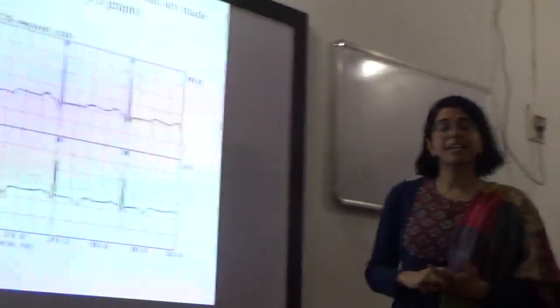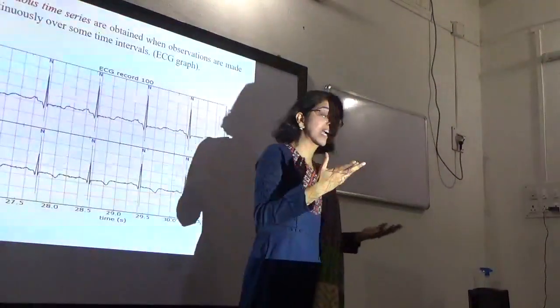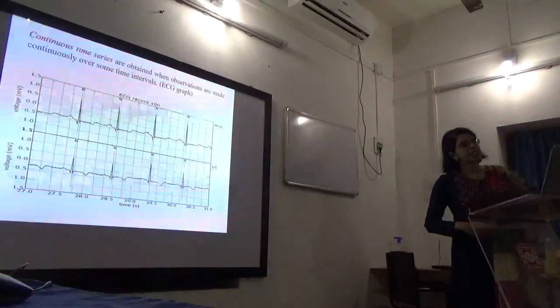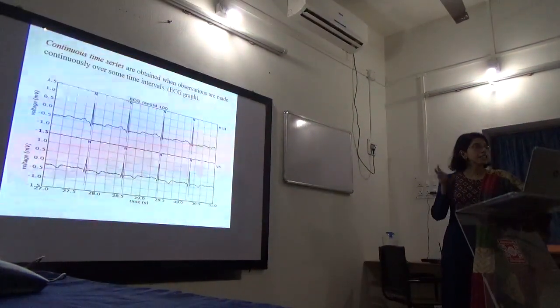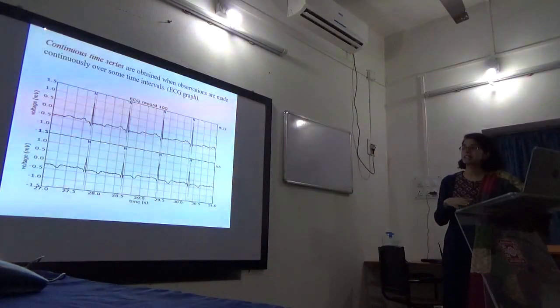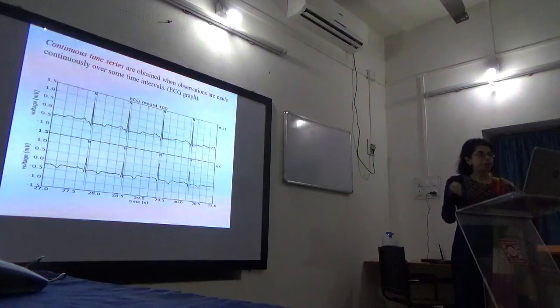But in economics or agricultural time series plots, most of them are taken as discrete, because analyzing discrete data is easier as compared with continuous data, because in a continuous spectrum you will have to have some sort of distributional framework.